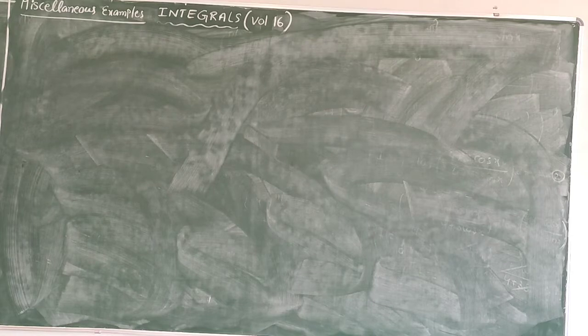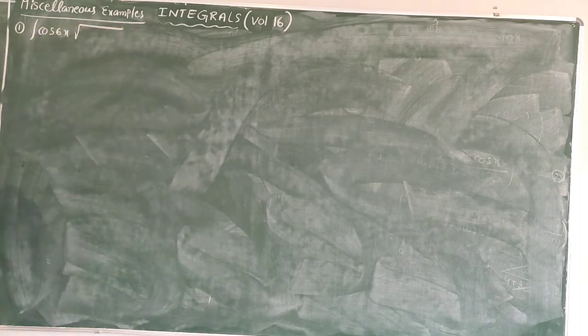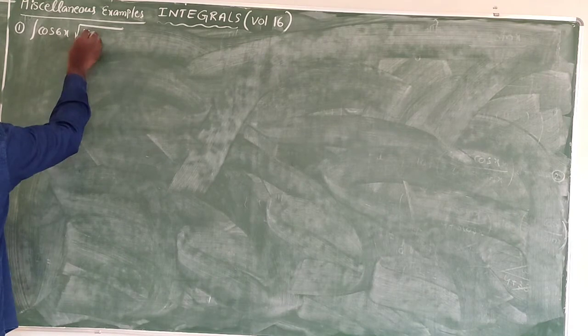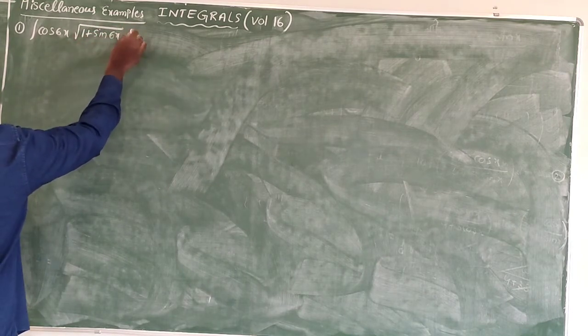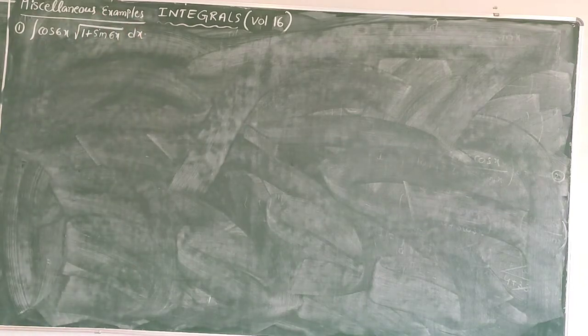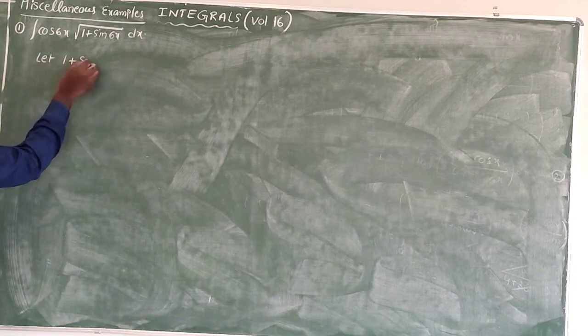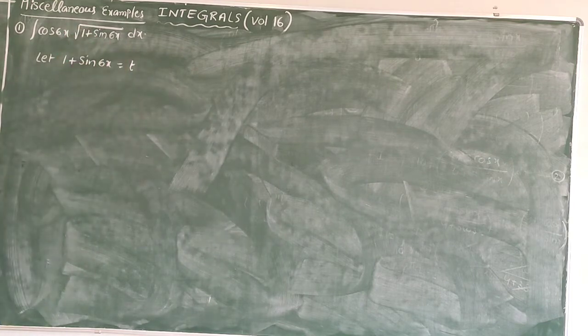First question in this: integral cos 6x into under root of 1 plus sin 6x dx. In this, let 1 plus sin 6x be equal to t. I am using the substitution method.